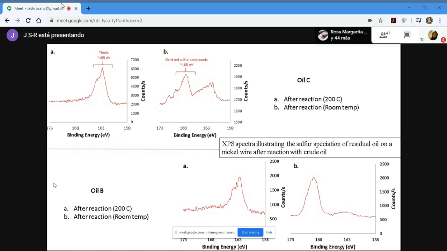So this means that even for oils that don't have a high thiol content, nickel actually can help catalyze the reduction of these metals.